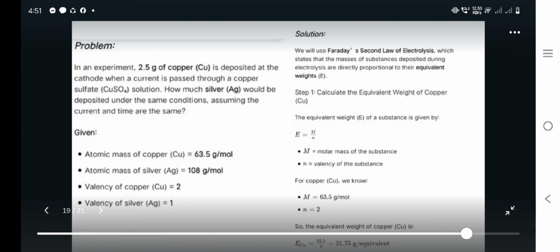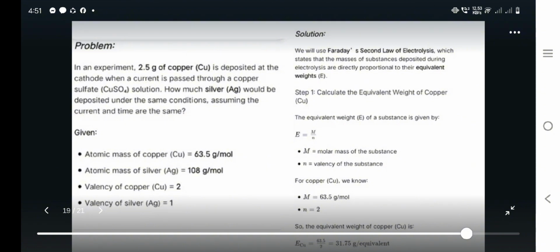In finding the equivalent weight, we have the formula E equals M over N. So the M is the molar mass of the substance and the N is the valency of the substance. So for copper, the molar mass is 63.5 grams per mole and the valency is 2 because it can lose 2 electrons.